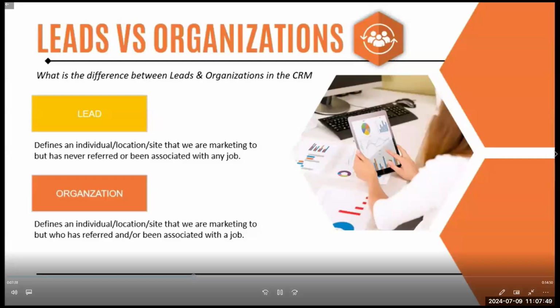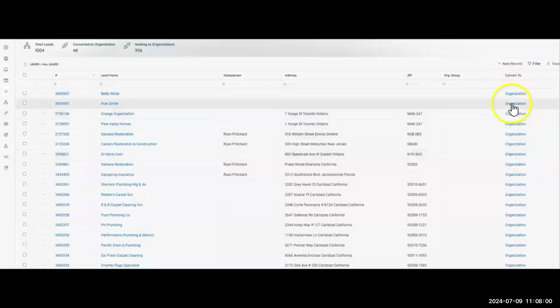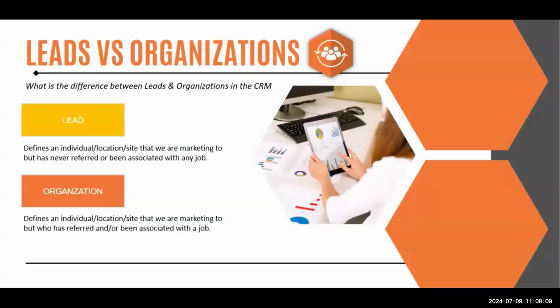As mentioned above, those lead organizations and or contacts will stay in Proven CRM until they are promoted to an organization. An organization is a record created that you may be marketing to, and they have referred jobs to your office.